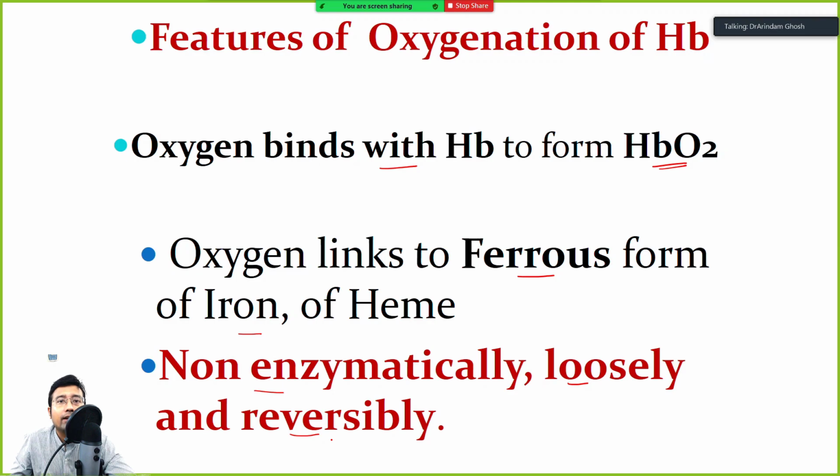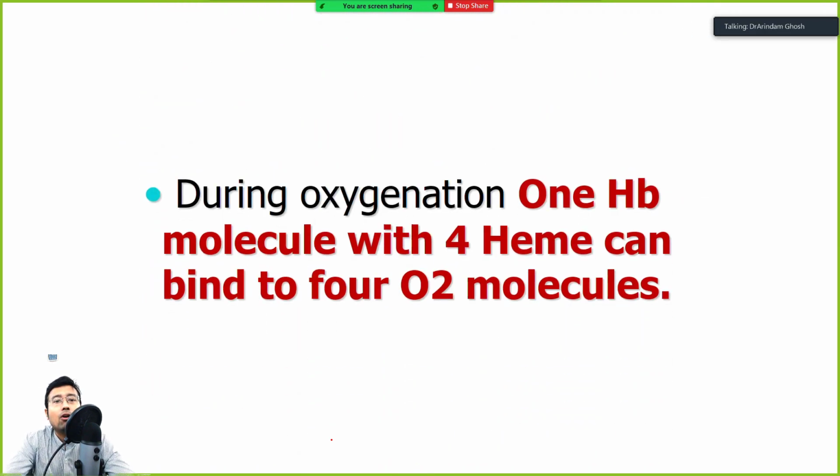There is no covalent bond formation, because it is occurring as a temporary friendship. The friendship will be broken as soon as it reaches the tissue, right? So during oxygenation, I have discussed it on the previous day, one hemoglobin molecule with 4 heme can bind 4 oxygen molecules.